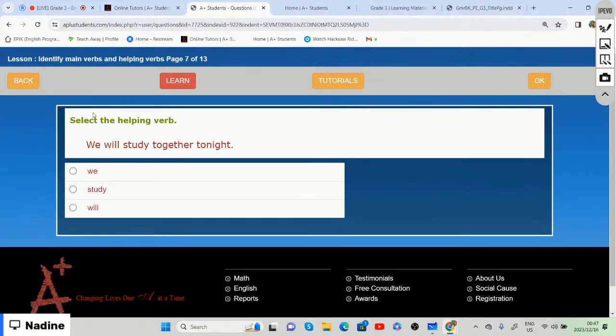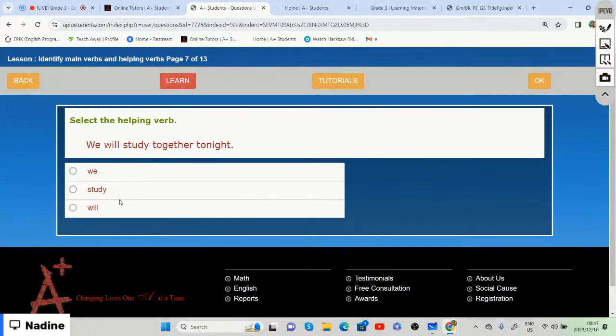And next to the last one, we need to select the helping verb. We will study together tonight. Is it we? Is it study?